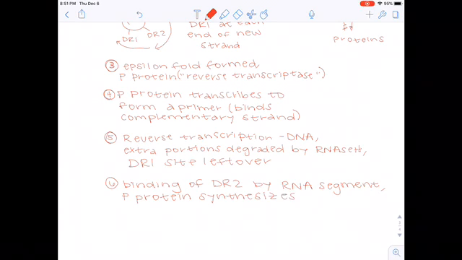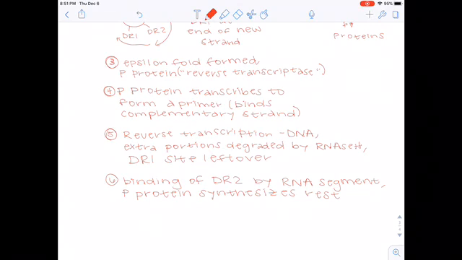And what it's synthesizing from is really what has just been created. So everything that was originally there is gone now and has been transcribed and then degraded, and now what was transcribed is being transcribed again to form the positive sense.